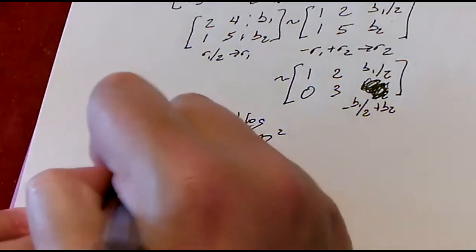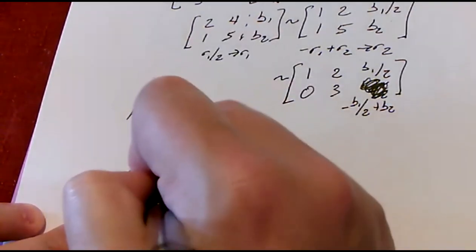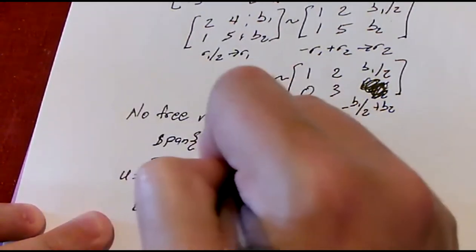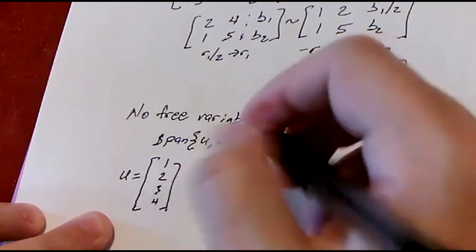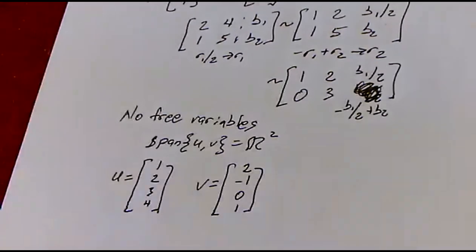You also have to be careful of not having enough vectors. So let's say I go to 4 dimensions, 1, 2, 3, 4. So I make my vectors U and V in R4 now. If you set up a system with this, you will find that there are no free variables. Those two vectors don't go in the same direction.